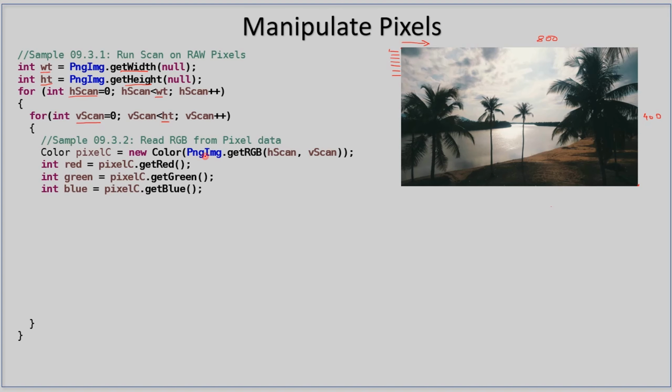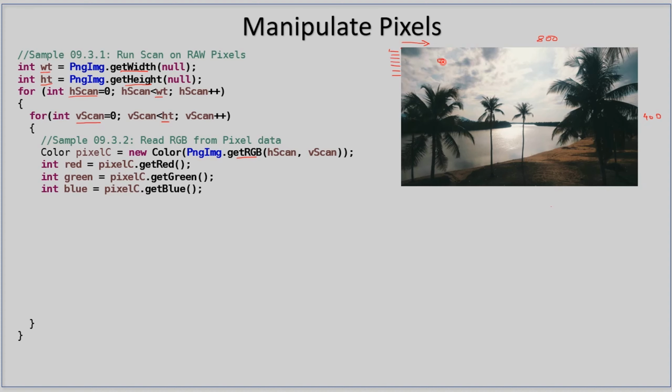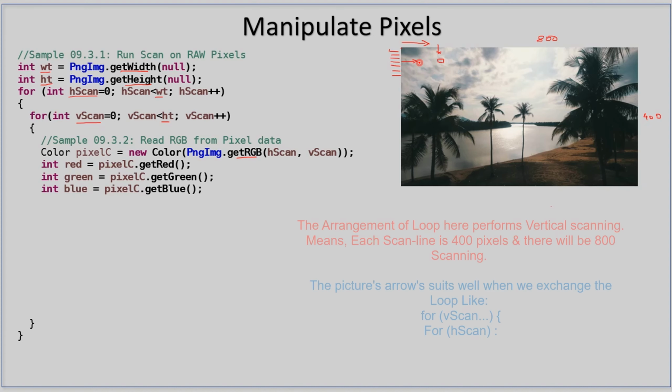Here if you see, this is the PNG image, getRGB. This is the function call we are making, and we specify the location, hscan and vertical scan. For example, if we are reading a particular pixel at this location, we specify the scan location based on width and height.